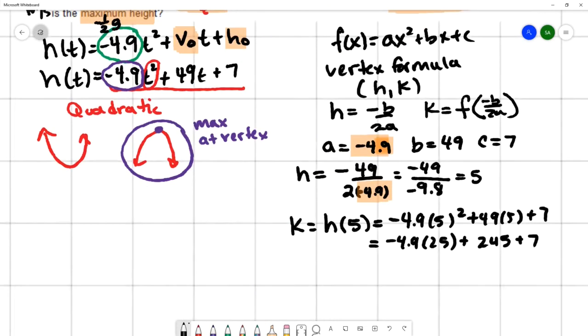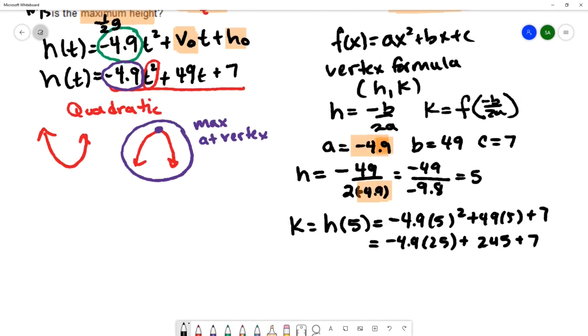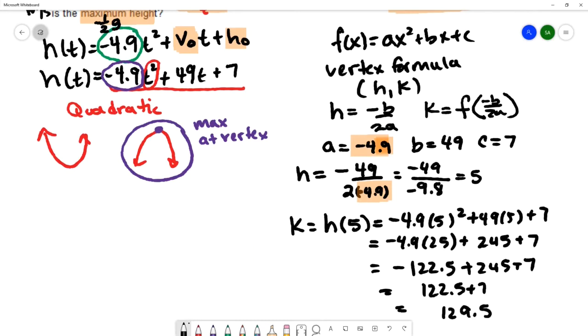Negative 4.9 times 25 is negative 122.5. And 245 minus 122.5 is 122.5, plus 7 is 129.5. So we've got the vertex of this quadratic being 5, 129.5.